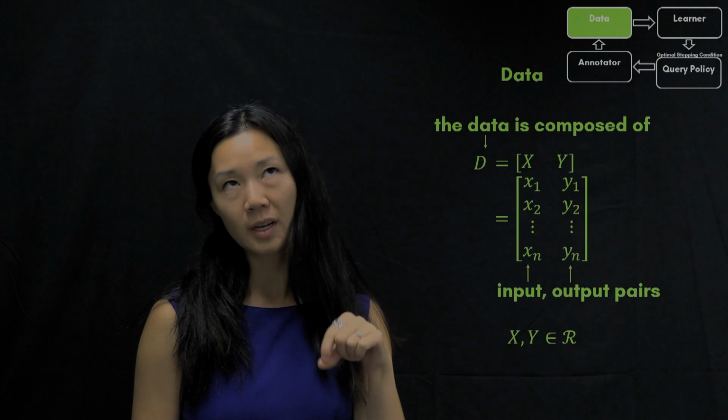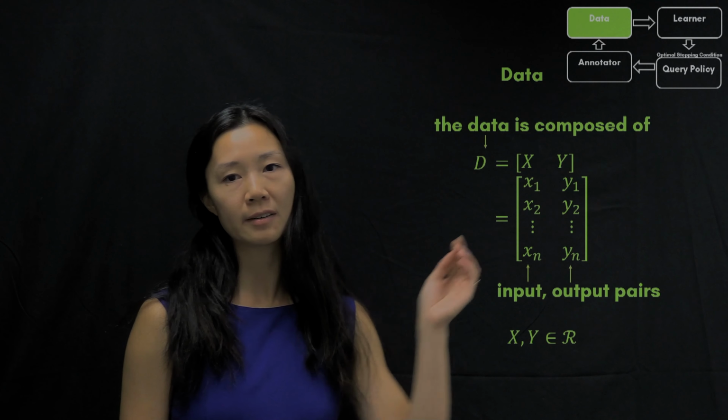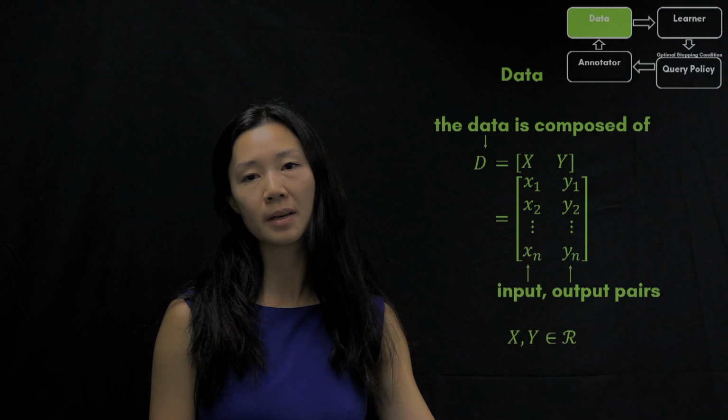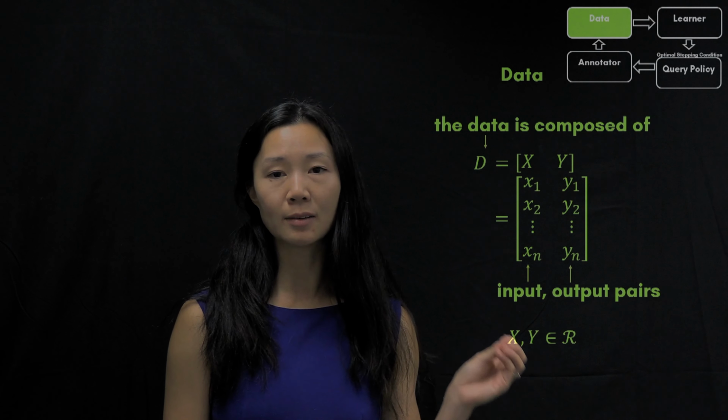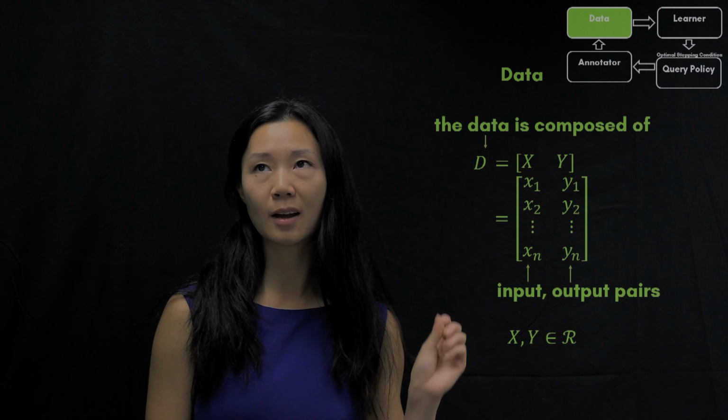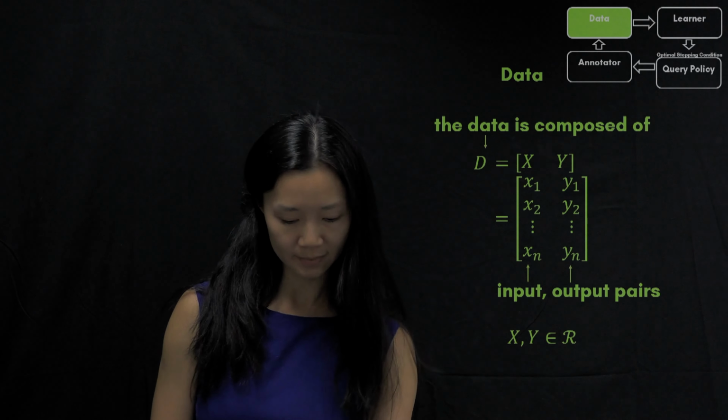Let's say you were to sample 1 point every iteration, these subscripts would be the training pair sampled at that iteration. And we'll assume that the X and Y are in the real domain, numerically.